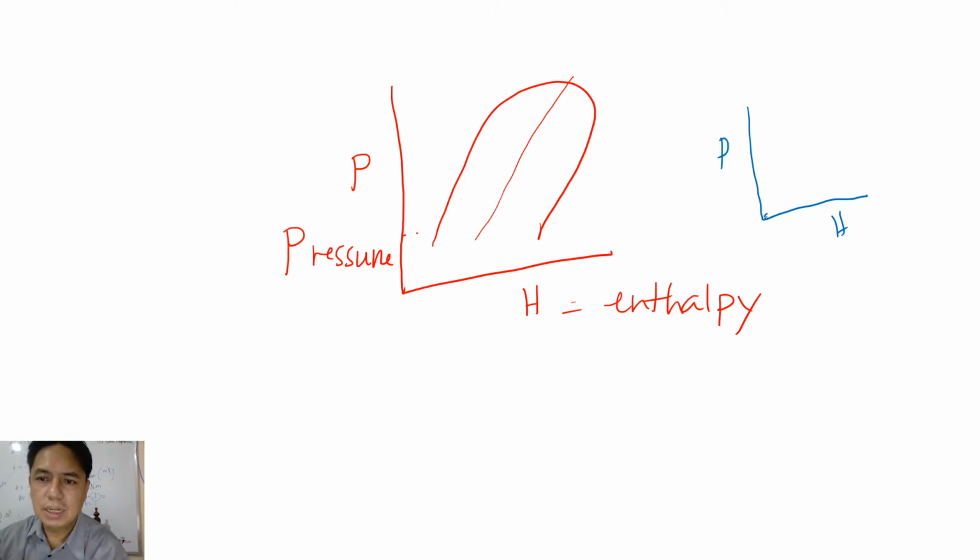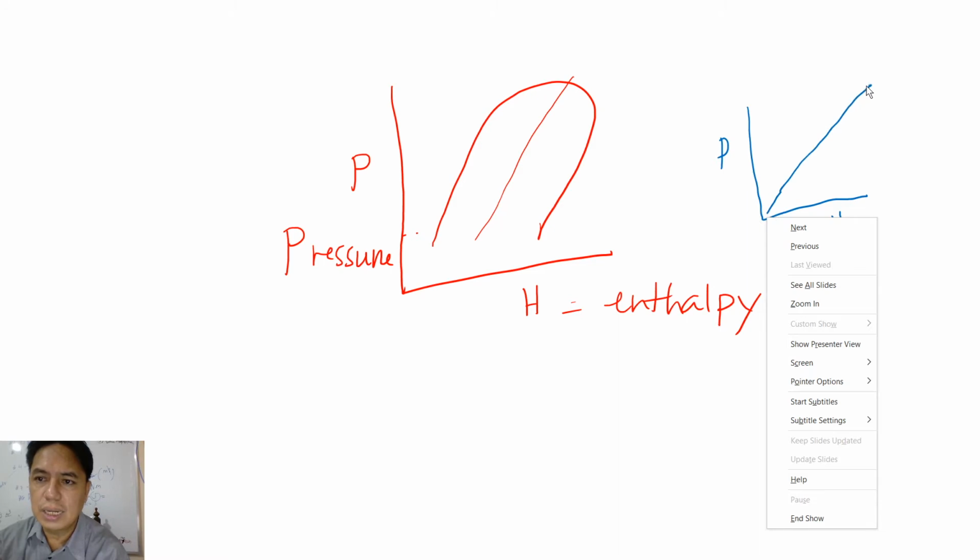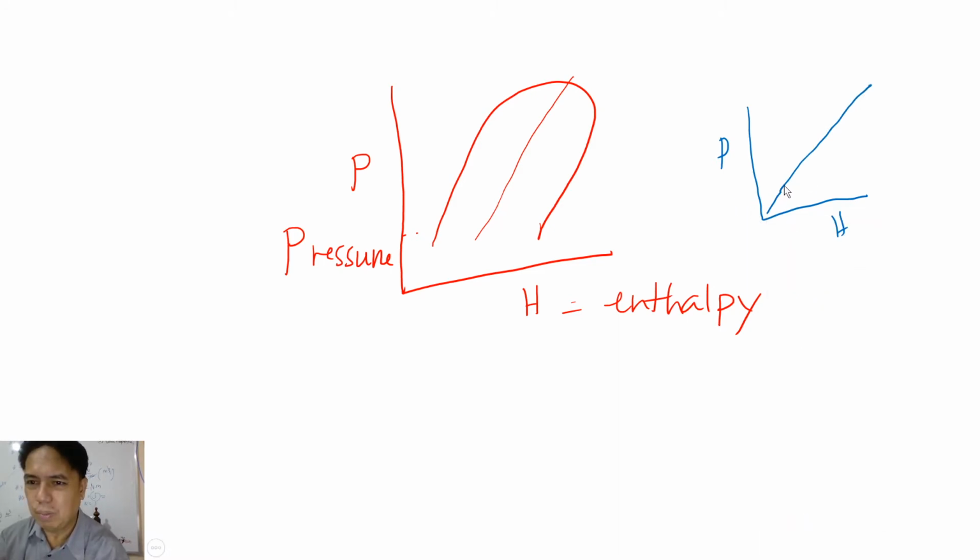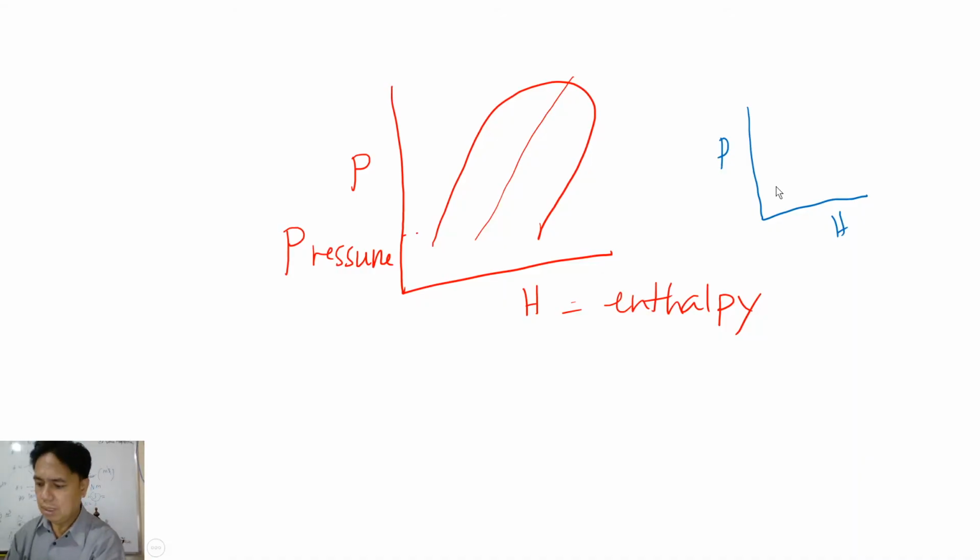That relation is the so-called linear, or proportional. There's a correlation between the two. If there's an increase in pressure, there's an increase in enthalpy. Whatever enthalpy, there's a pressure; whatever pressure, there is an enthalpy. So we can get a direct relation, and that is the line.